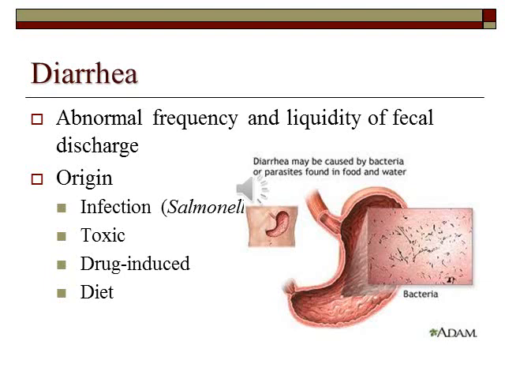So another condition of the GI tract, looking at diarrhea, so the abnormal frequency and liquidity of fecal discharge, a lot of different causes of diarrhea. So diarrhea usually is going to have some type of secondary cause to it. So kind of the trick is discovering why does a person have diarrhea. So various causes.